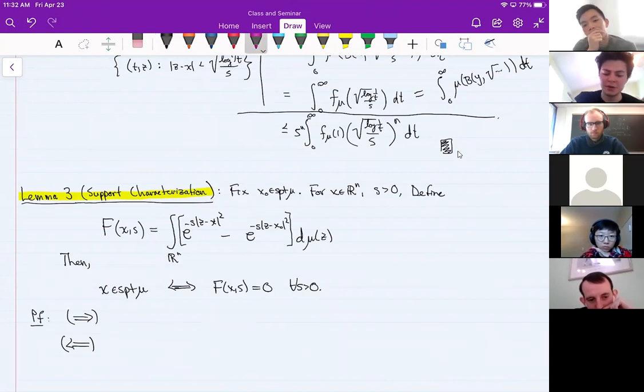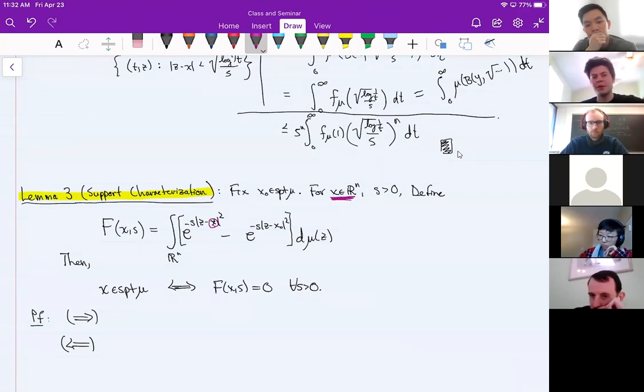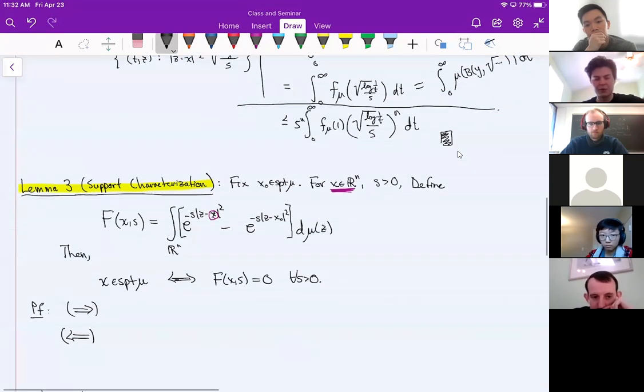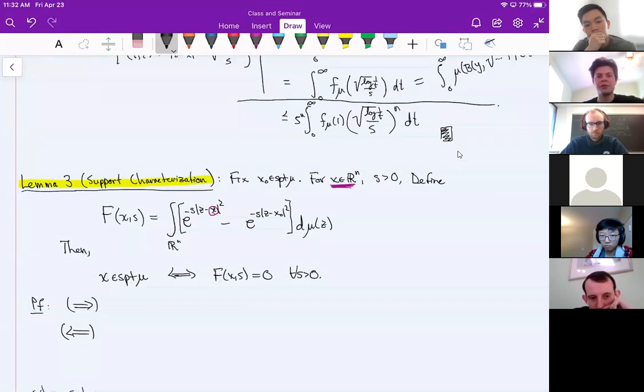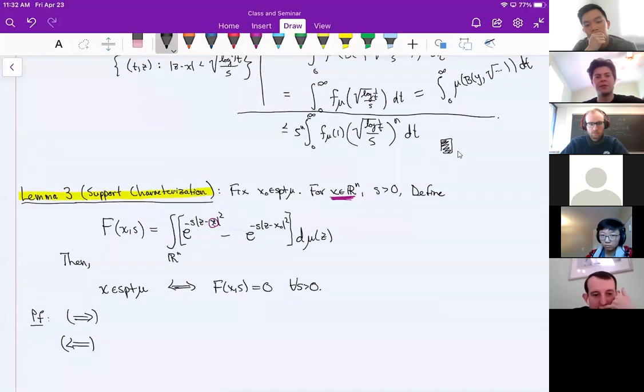The difference here is that I'm allowing this x to be any point in Rn rather than a point in the support. The statement that I just proved above was that if x was also a point in the support, then this thing would be 0. Here I'm allowing x to be an arbitrary point. Given the definition of this function, the statement of the lemma is that x is in the support of my measure if and only if this function vanishes for all s greater than 0, for all values of this parameter.